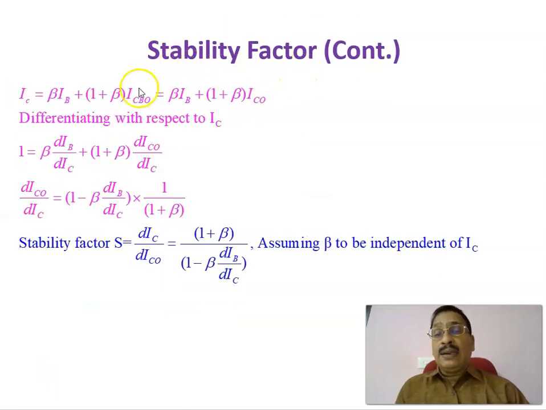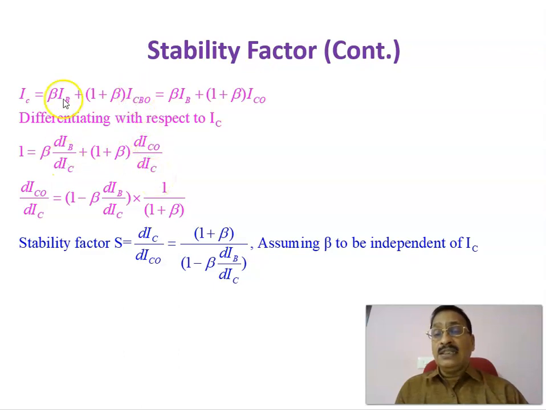Continuing the stability factor, as we have seen, the collector current IC equals beta IB plus 1 plus beta ICO or ICBO. Differentiating this equation with respect to IC, we get 1 equals beta dIB by dIC plus 1 plus beta dICO by dIC.